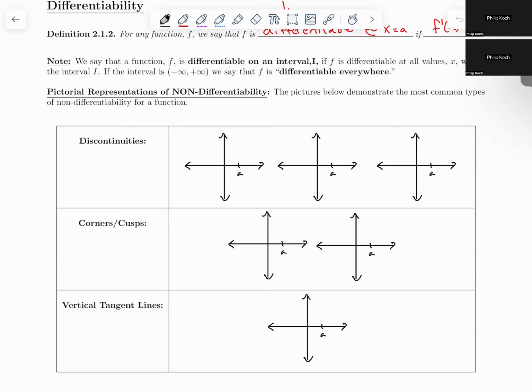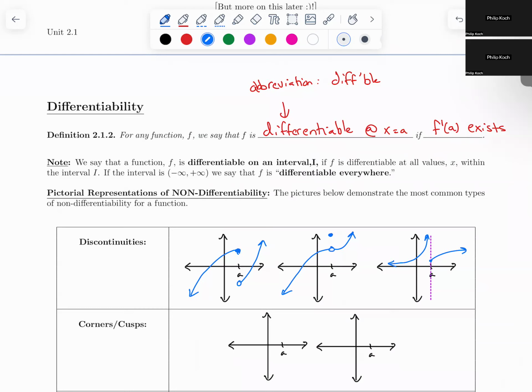If you were to try and draw a tangent line at A, on one side you're looking like this, and on the other side you're looking like this. In order for the derivative to exist, the limit needs to be the same on both sides. If you make h go to 0 from the left, your tangent lines will be approaching like that, whereas if you're approaching from the right, your tangent lines will be approaching like that. And so they won't give me the same number.